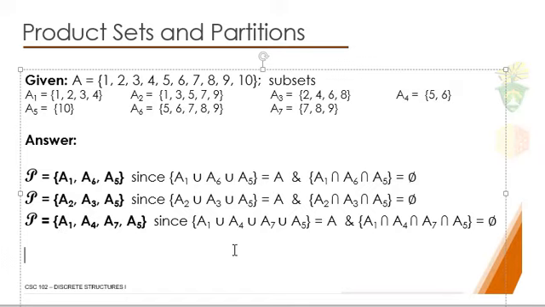So, iyon na lang siya. First, you check the union of those subsets. Dapat ma-equate siya sa given nga set. And then, ang ilang intersection dapat empty. So, kana lang.